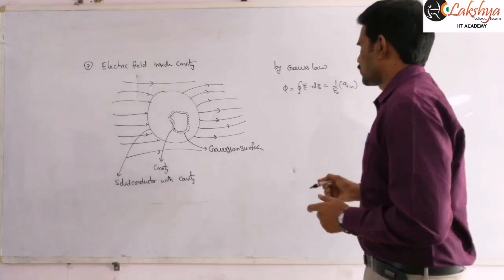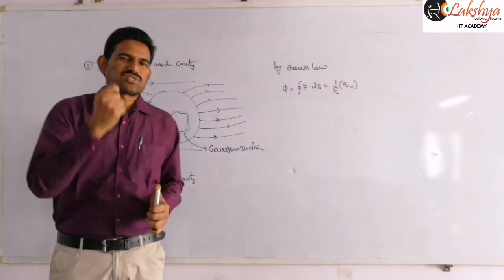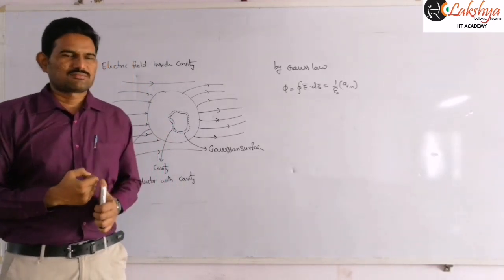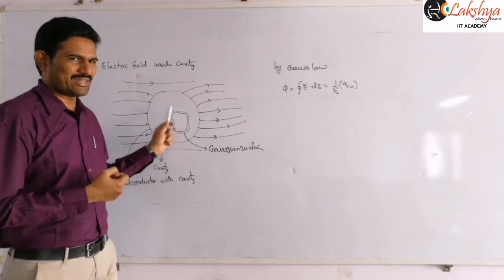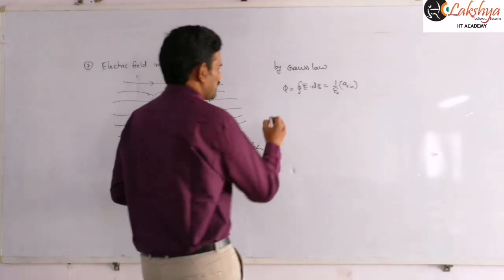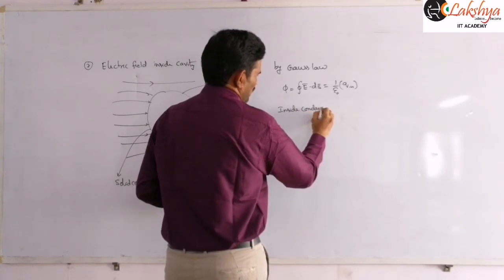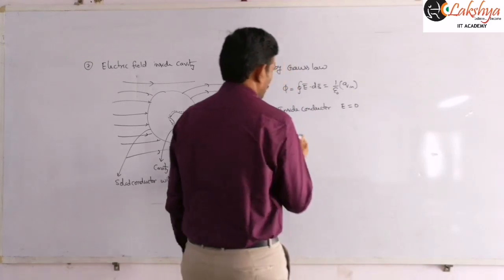Since we are taking the Gaussian surface just outside the surface of the cavity, that is inside the conducting material, inside the conductor E is equal to 0.